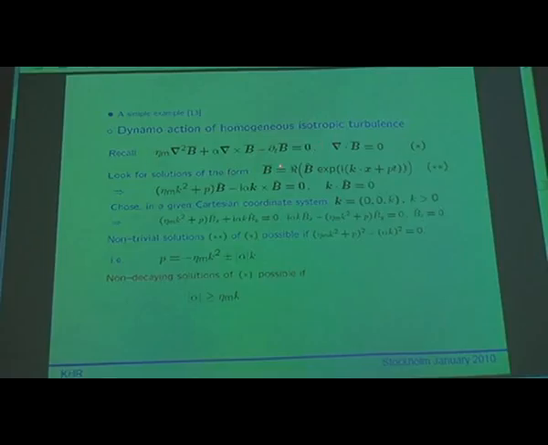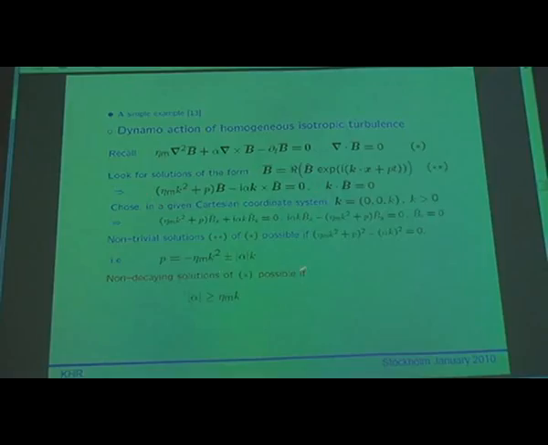And I look now for solutions of this type and ask whether they can work. Write this in this equation, and then you find that for the quantity b hat introduced here, you have just this equation.